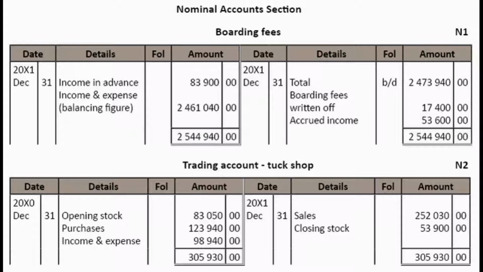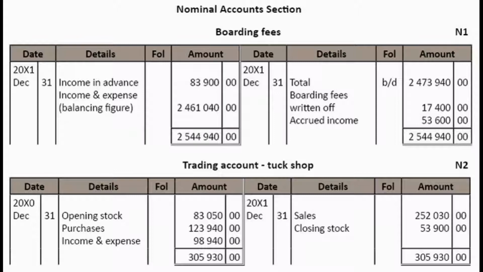And then you'll see on the debit side we have the opening stock. I know that looks a bit strange because we don't have an opening stock account in this case. We just have that stock account under the balance sheet section. What was supposed to happen in the beginning of the year is you are supposed to transfer that stock from the trading stock account to an opening stock account, which is a nominal account.